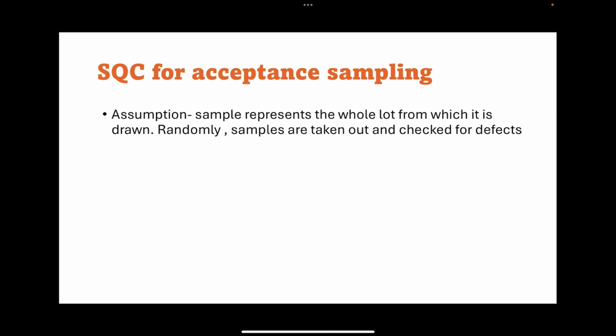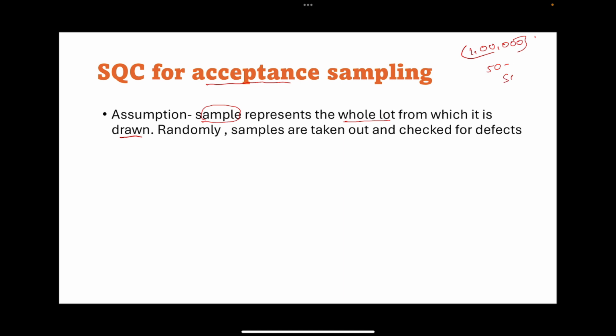This is how we use statistics to control the process quality. Statistical quality control can be used for acceptance sampling also. That means we are taking a sample, and we assume it represents the whole lot from which it is drawn. For example, we are producing 1 lakh products, and we take a sample of maybe 50 out of them.